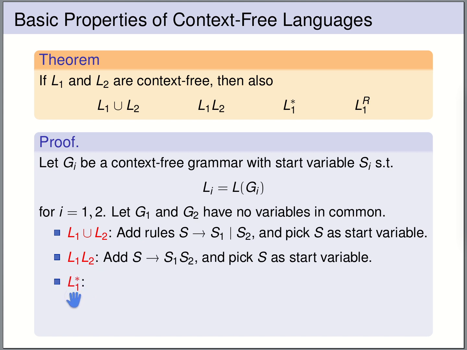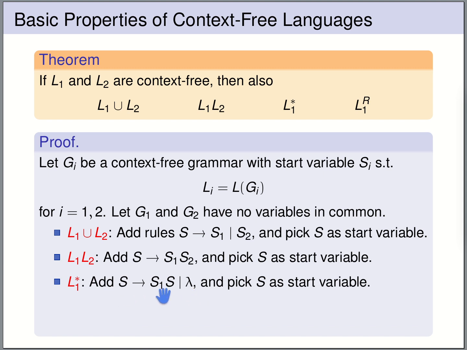What about the Kleene star of L1? Now we take our grammar G1, we add a fresh starting variable and we add fresh rules. Namely, we say that S can rewrite to S1 S or to lambda.